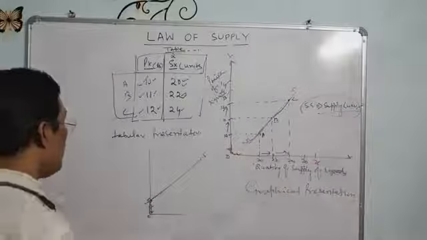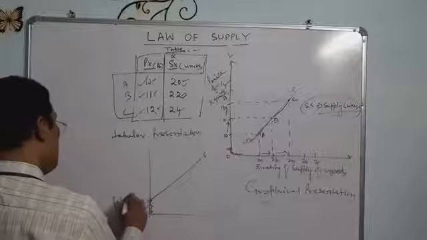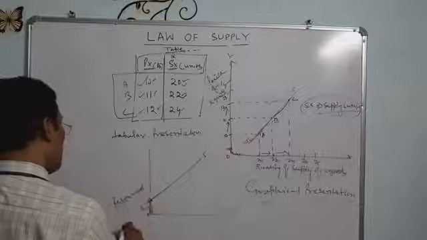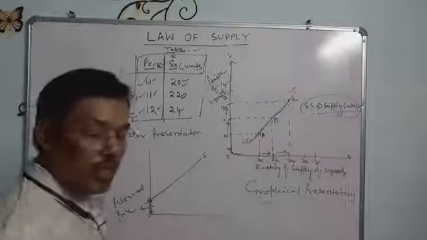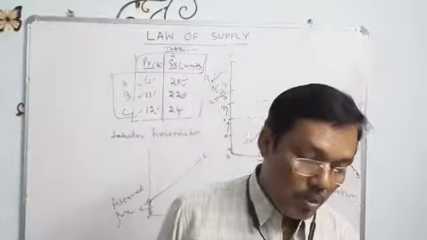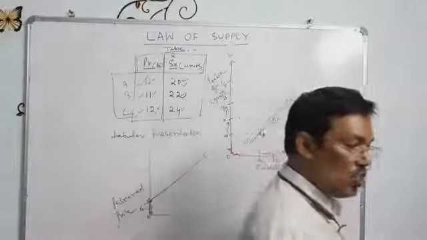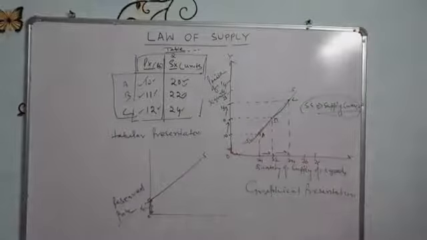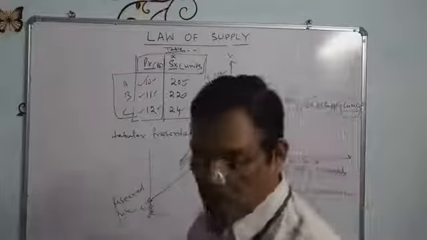That is why this price is called the reserve price. One more question: what do you mean by reserve price? Whenever the producer is not ready to sell at any price below that, that much price which is reserved for the producer or the firm is called the reserve price.